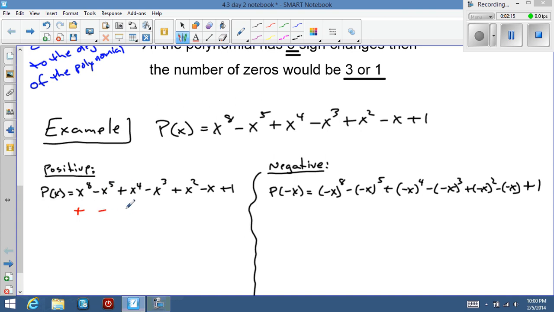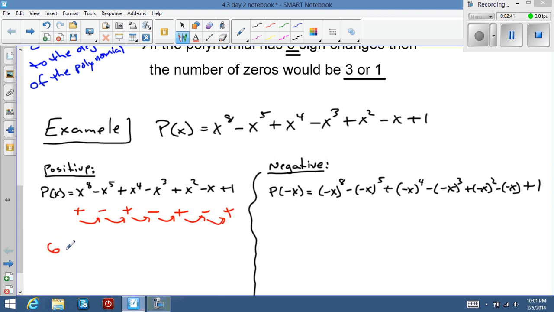We're adding x to the 4th, so that's positive. Subtracting, we're adding x squared, subtracting x, and adding 1. So every single time we go from one term to the next, we have a sign change. So we've got 1, 2, 3, 4, 5, and 6 sign changes.